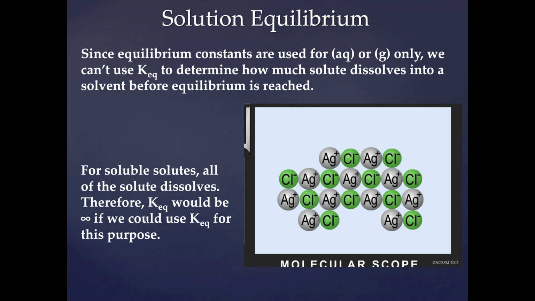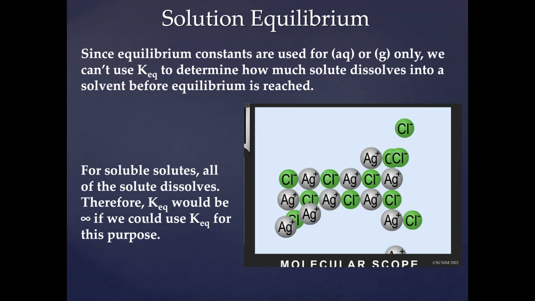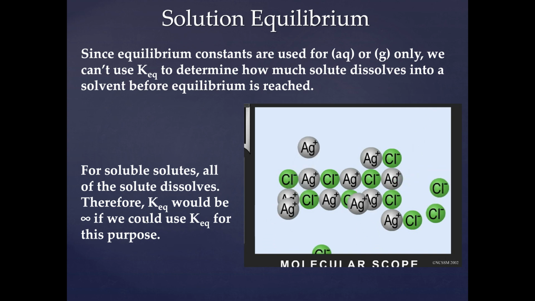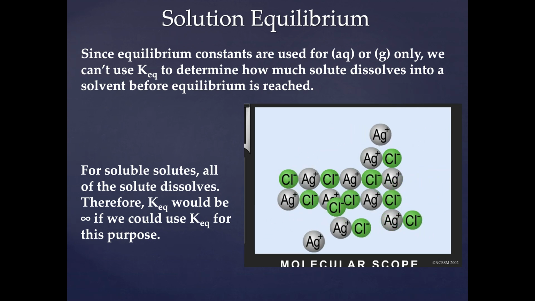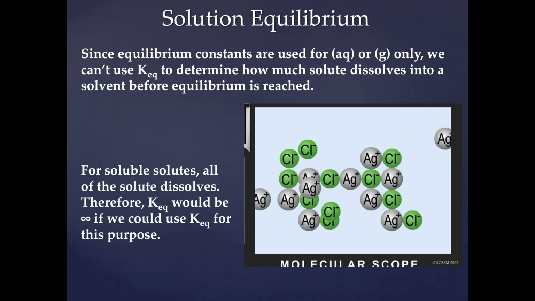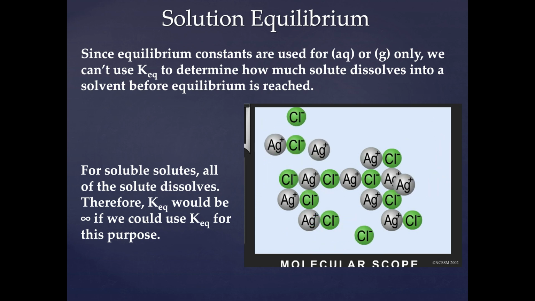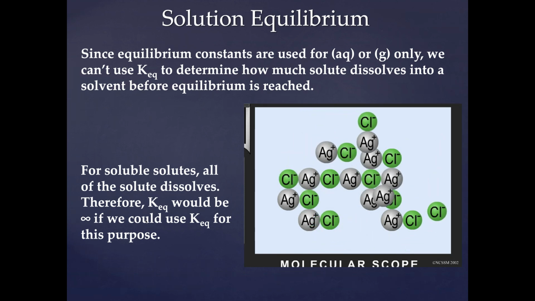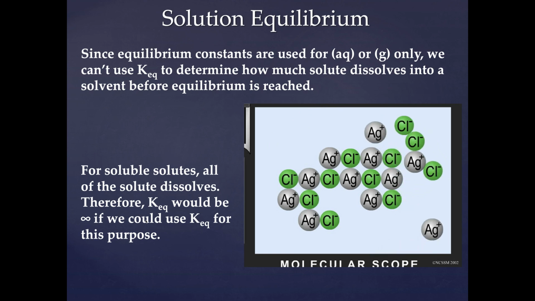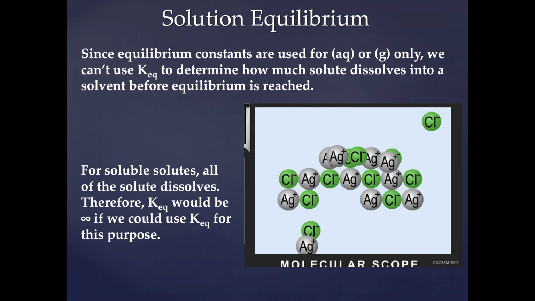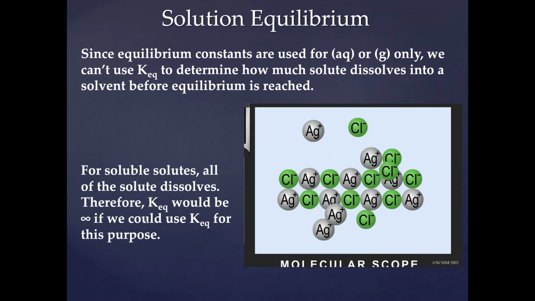You'll notice that the ions begin to dissolve. But very quickly, we reach a saturated status, and no more can dissolve until some precipitates. And you'll notice here comes precipitating, and more dissolves. Some is precipitating, more dissolves. You see that?